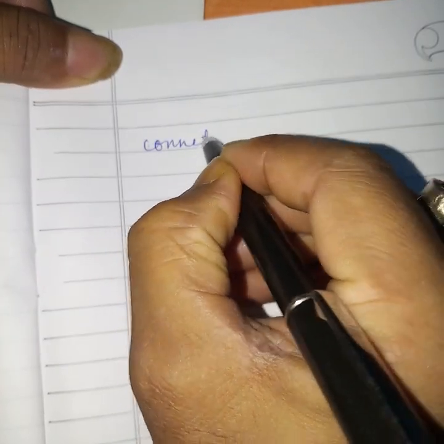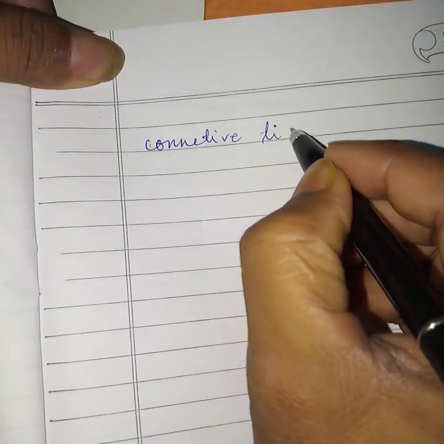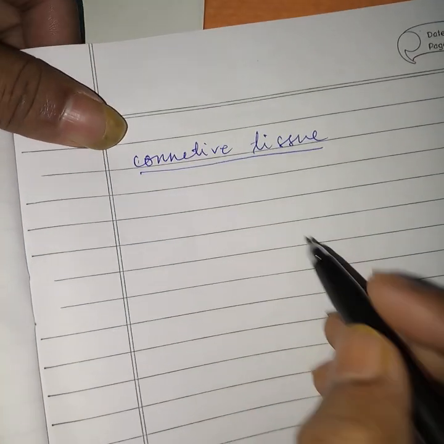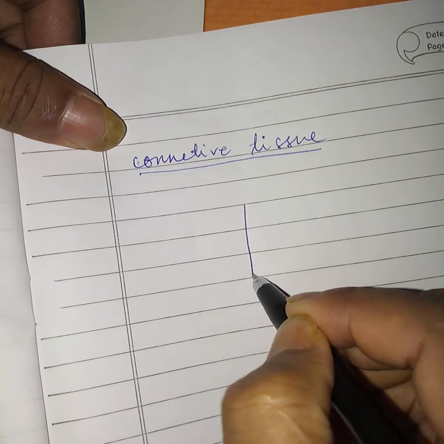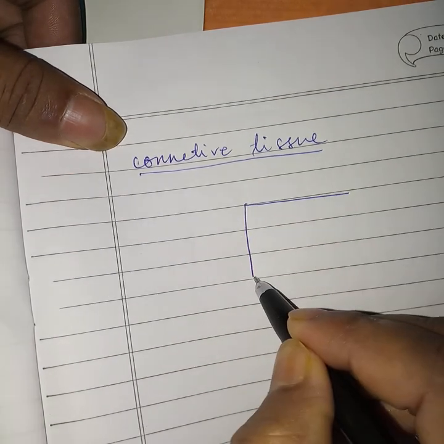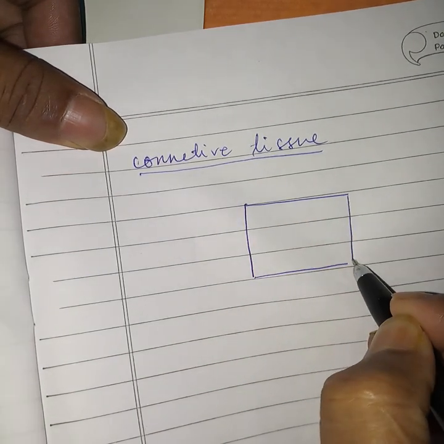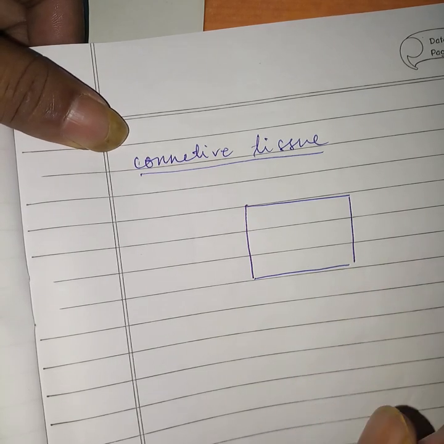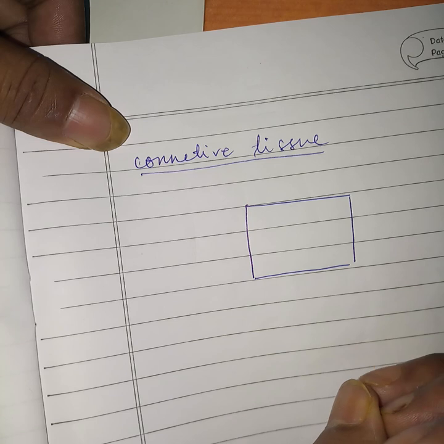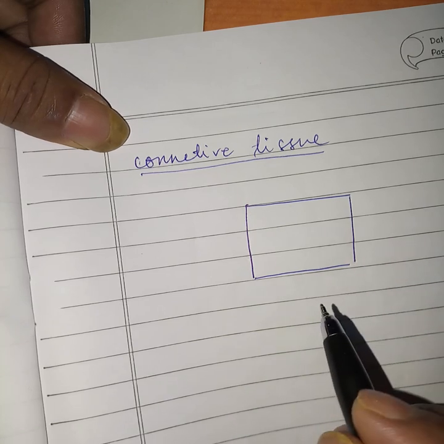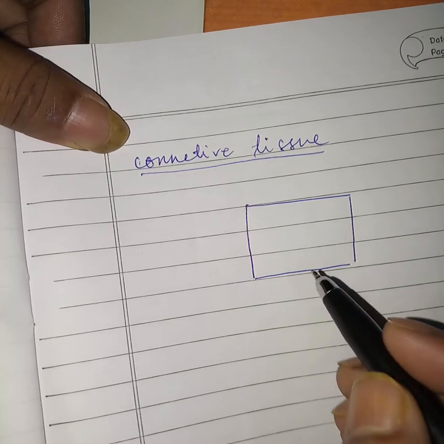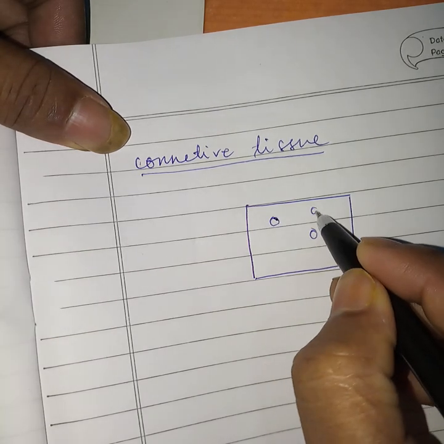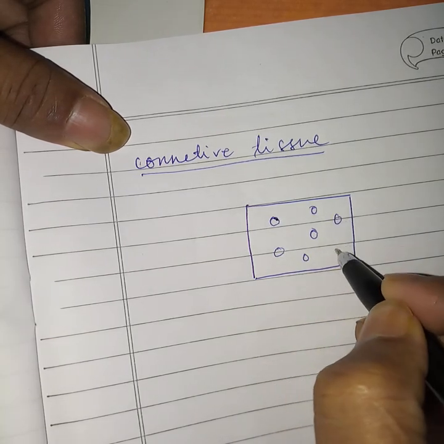So let's see the characteristics of connective tissue with the help of one figure. This rectangle represents an area of a connective tissue, and the first characteristic is that it has abundance of intercellular spaces.